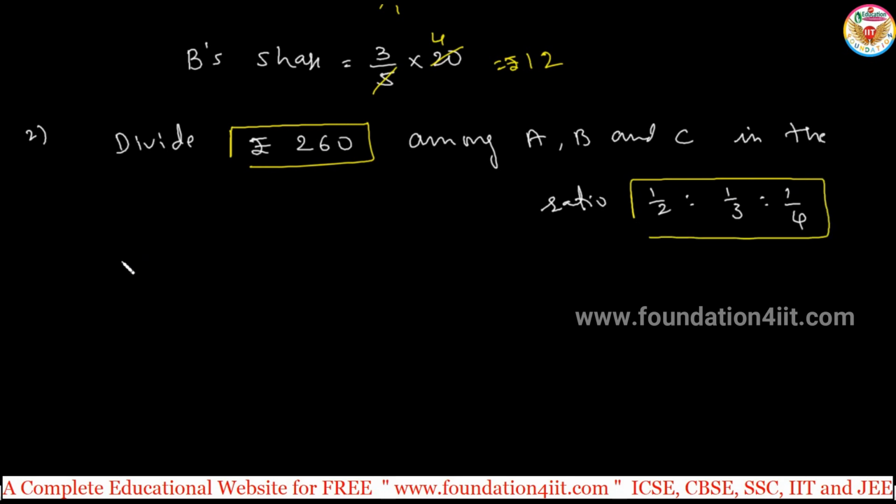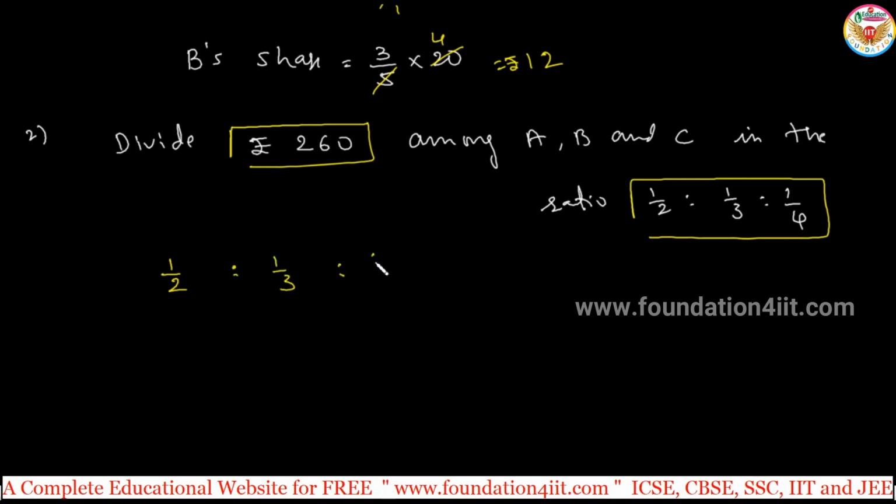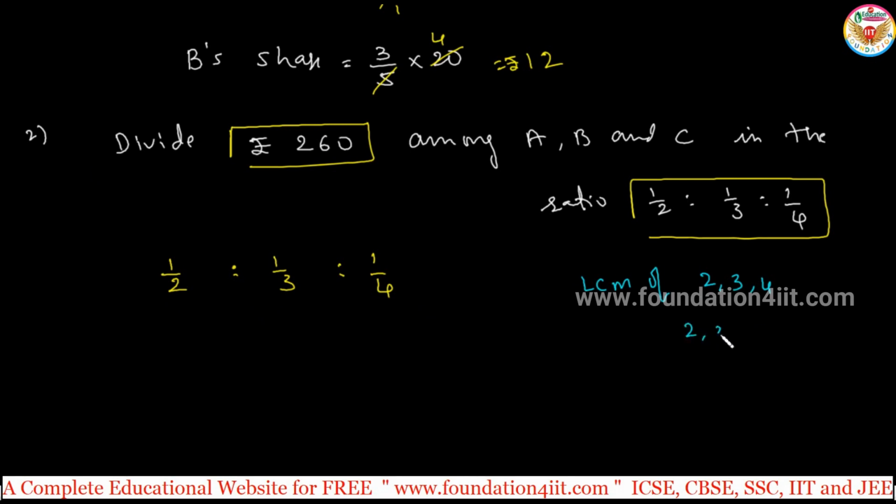First, let us take it like the previous topic. The ratio should be in whole numbers, not in fractional form. So for 1 by 2 is to 1 by 3 is to 1 by 4, take the denominators 2, 3, 4 and find the LCM. The LCM of 2, 3, 4: 2 ones are 2, 2 twos are 4.